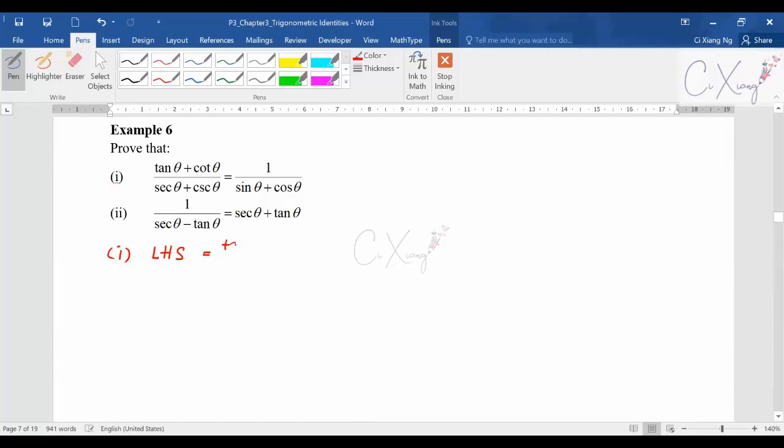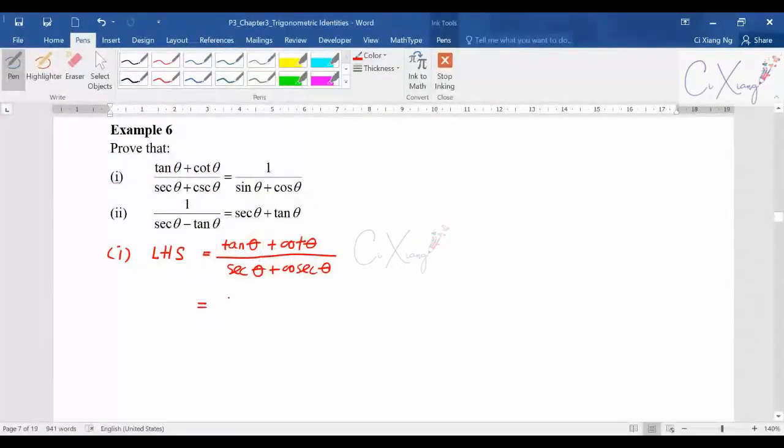This is what I have: tangent theta plus cotangent theta, divided by secant theta plus cosecant theta. Because my answer on the right hand side involves only sine and cos, my next step is to try to change all my identities here to sine and cos only.